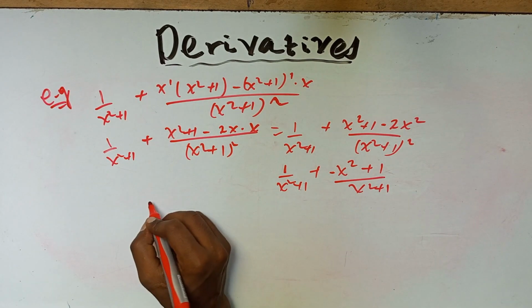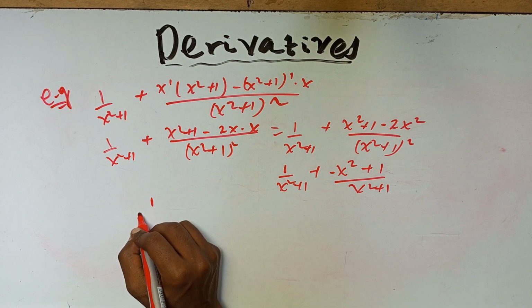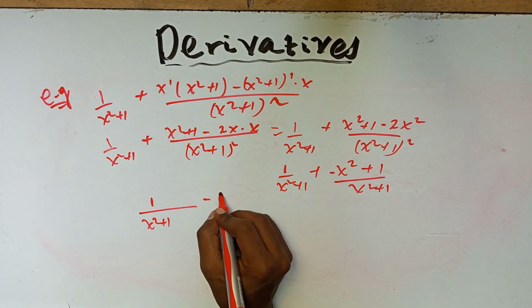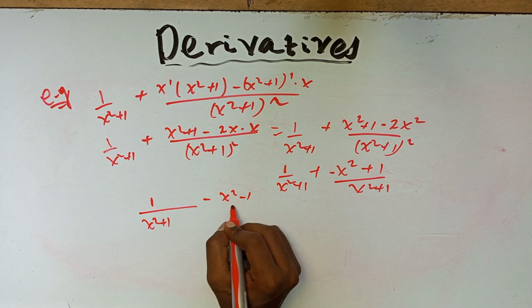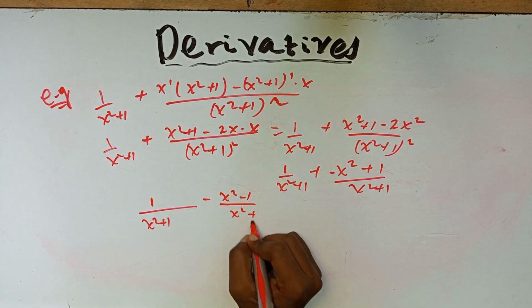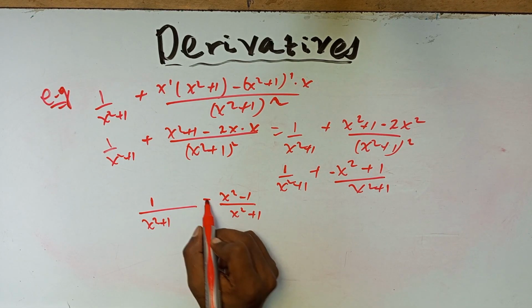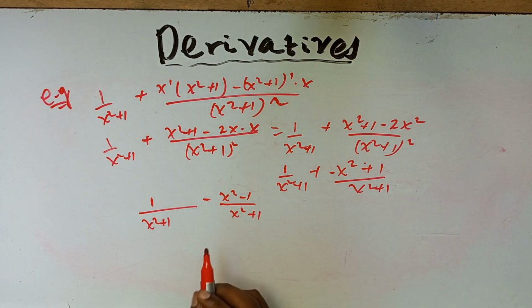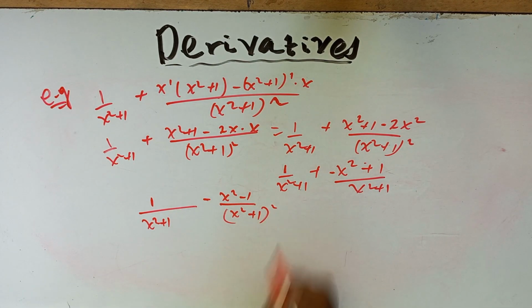So what's left is 1 over x square plus 1 minus x square minus 1 over x square plus 1. I took the minus out and changed the sign of this one to minus, over the whole square.